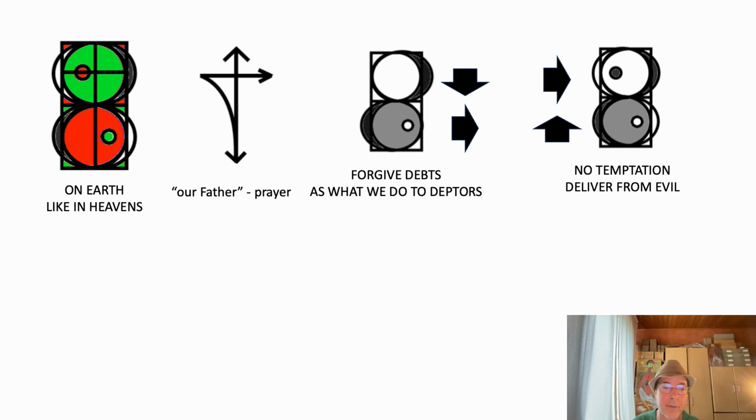So forgive the debts as we forgive our debtors, that's going down in the darkness below, and then again goes back up to the lightness again. So we don't want to have the temptation of the dark part, but deliver us from the evil is also like: let us make something from the shadows that derive from the winter and bring it back to the light.